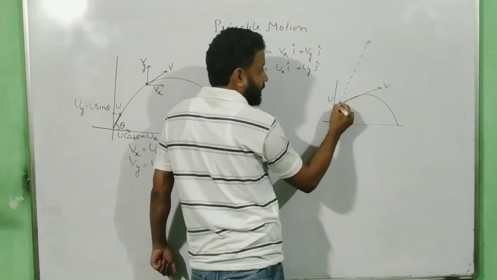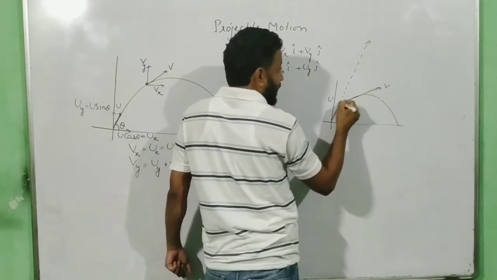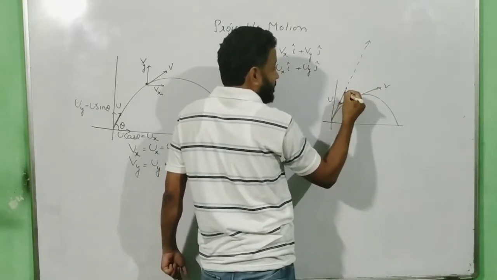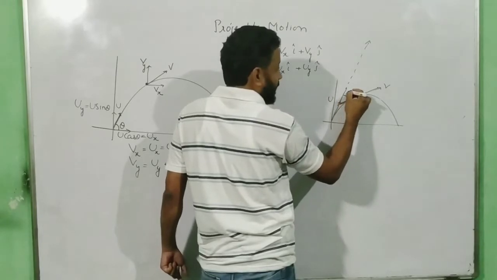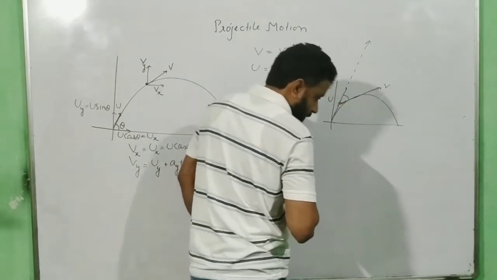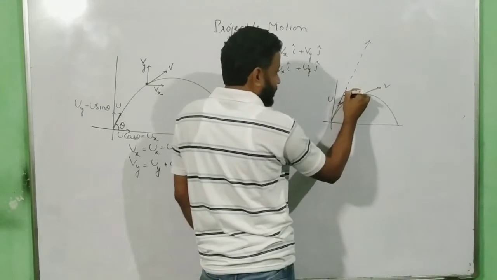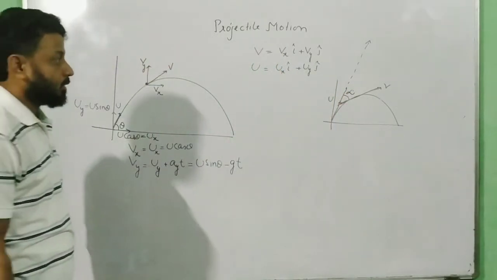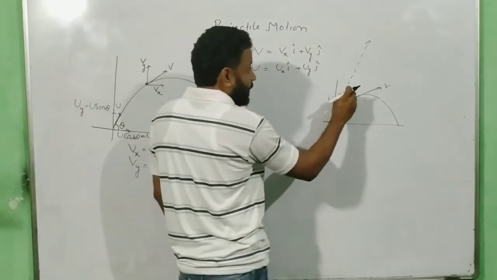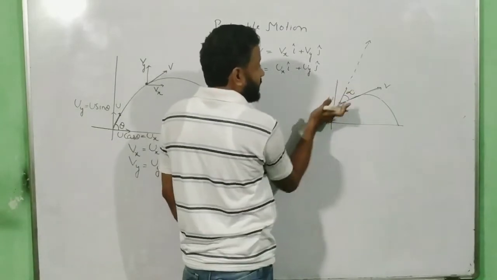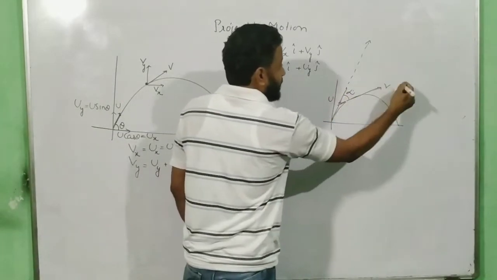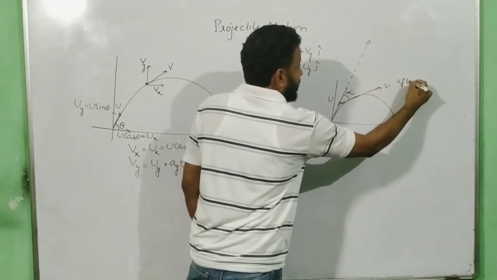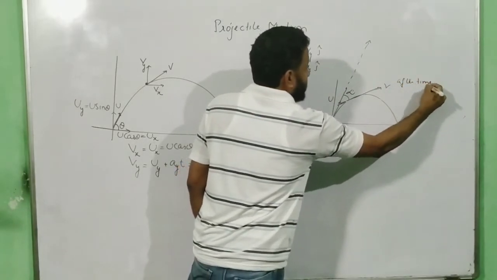Now you can see that this v line and this u line make some angle, and let me call that angle alpha. So I am looking for this angle alpha between the initial velocity and the velocity after some time t.